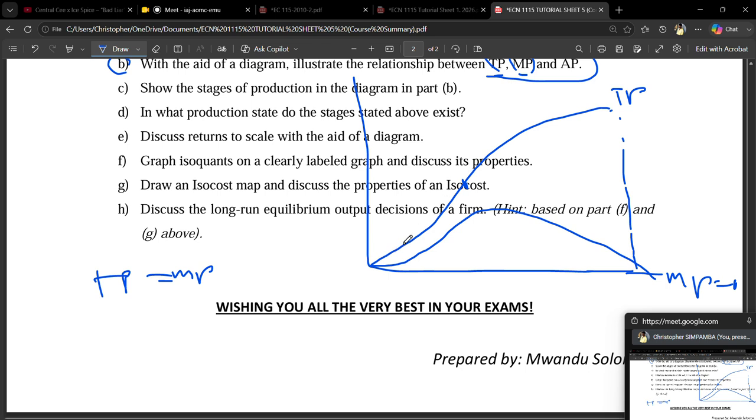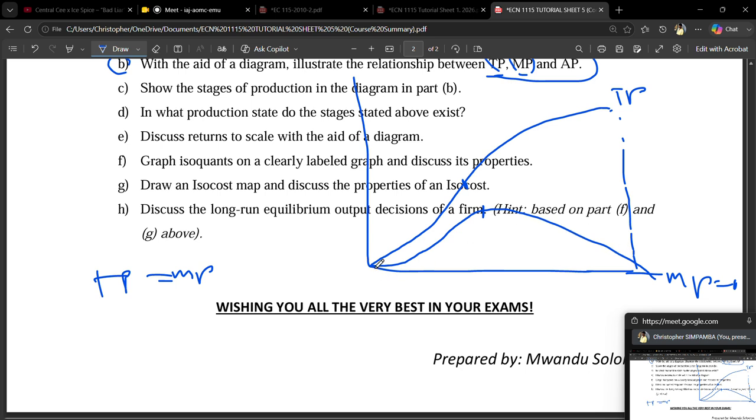If you remember, I had explained this. Once marginal product reaches its maximum and starts to decline, total product will start increasing at a decreasing rate.